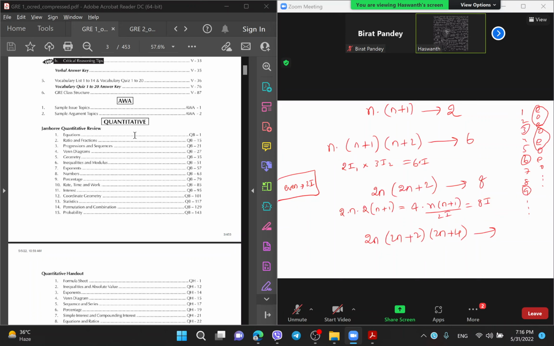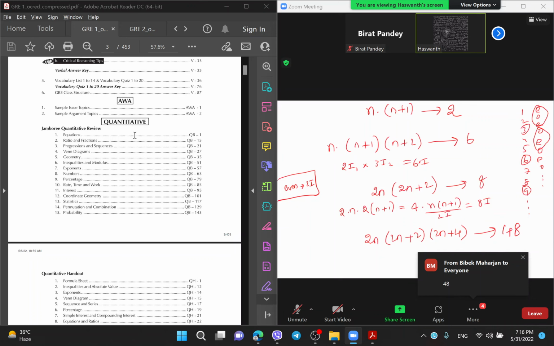Product of three consecutive even integers will always be divisible by which number? 48.